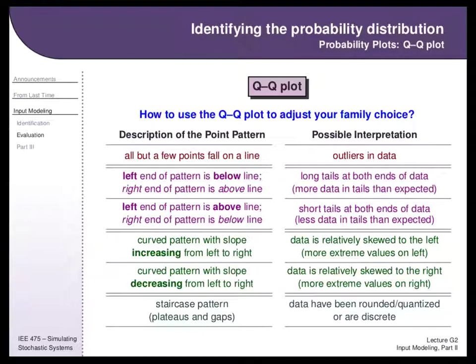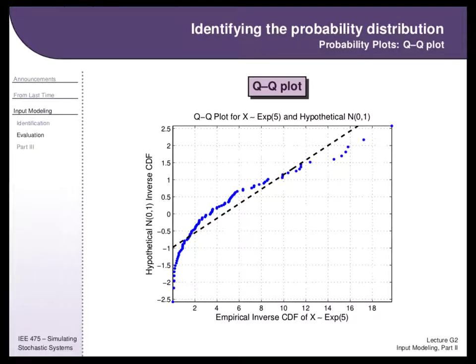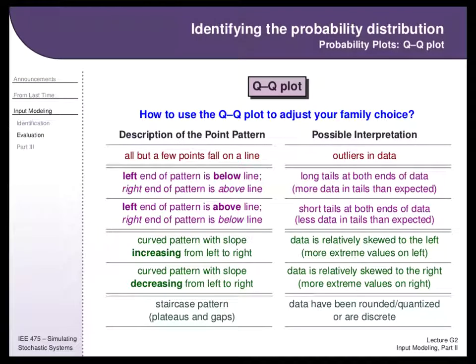If there's a curved pattern, this is where this comes into play. This is a curved pattern with decreasing slope. A curved pattern with decreasing slope tells me that I've got some skew in my data.